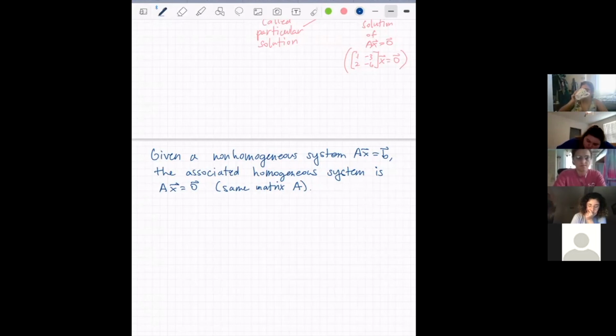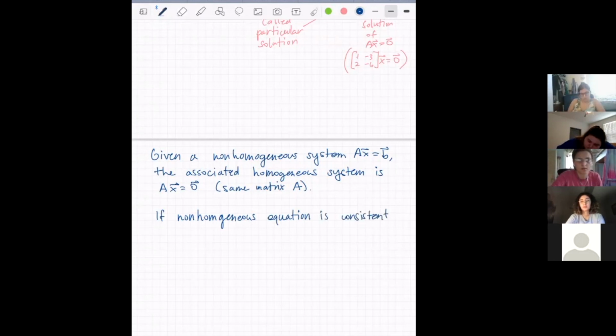And then if a non-homogeneous equation is consistent, assuming it's consistent and it has a solution, its solutions will be of the form.